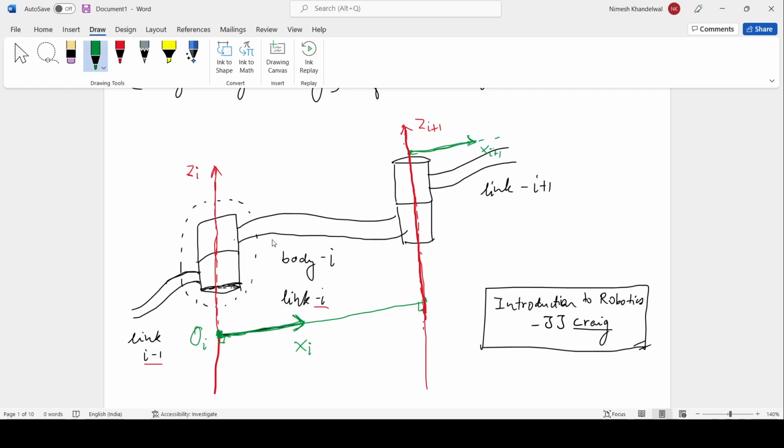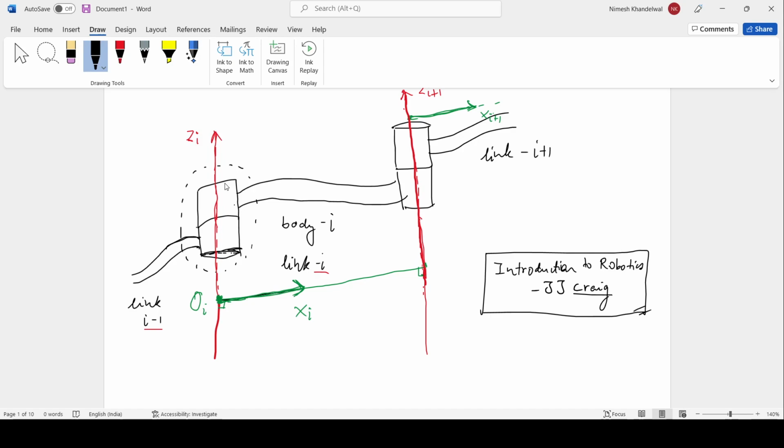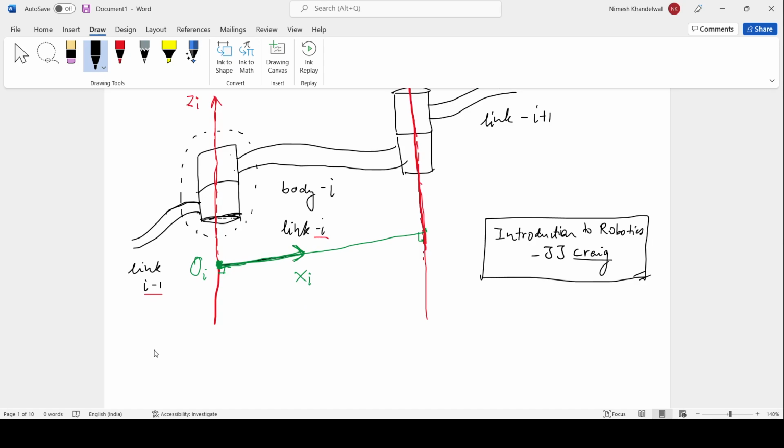So you see, we have the two axes, but we need three axes to define a coordinate frame, right? We know this. So the third axis comes from the assumption that we are using a right-handed coordinate system.